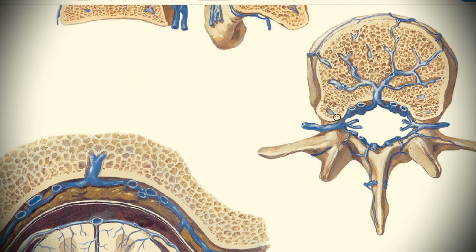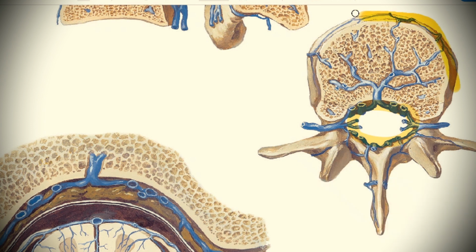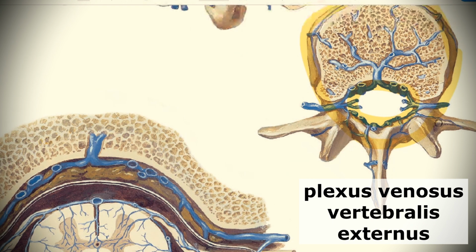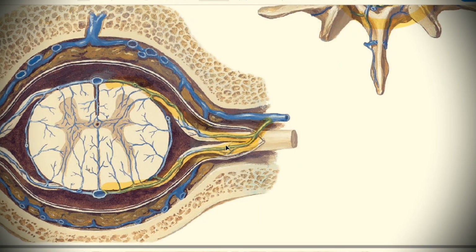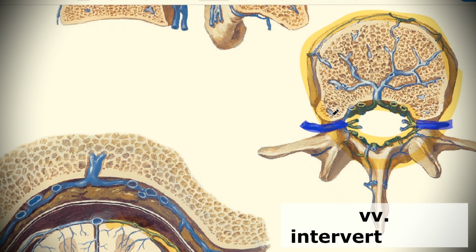Inside and outside of your canalis vertebralis, you have two big plexuses. As you can see here, inside the canal it's called plexus venosus vertebralis internus, and outside you have the big plexus vertebralis externus. We have external and internal vertebral plexus. These veins from the internal and external vertebral plexus join and create vessels called vena intervertebralis.